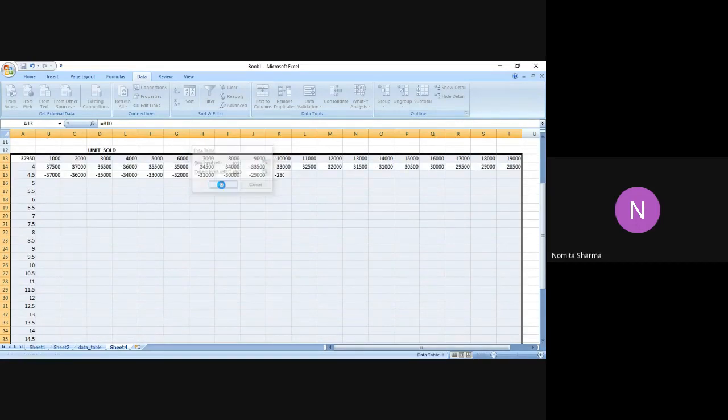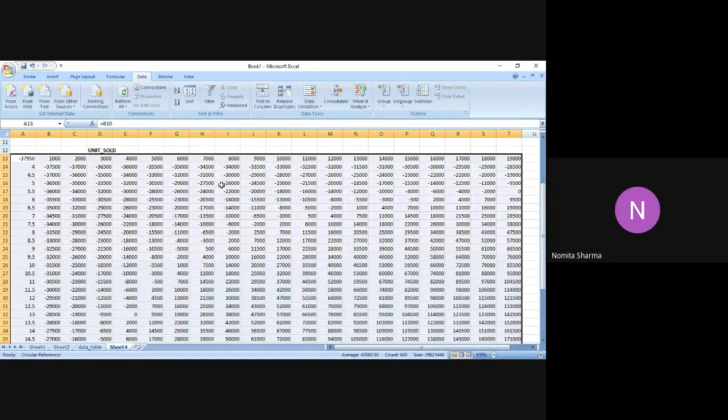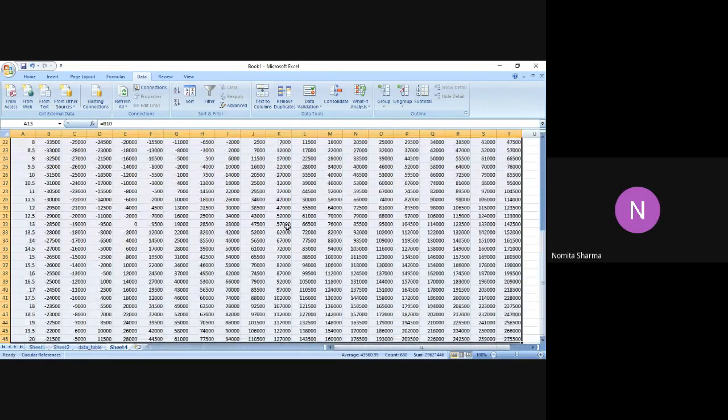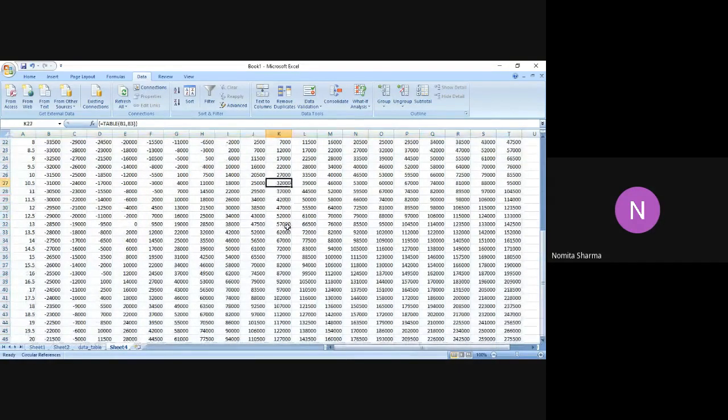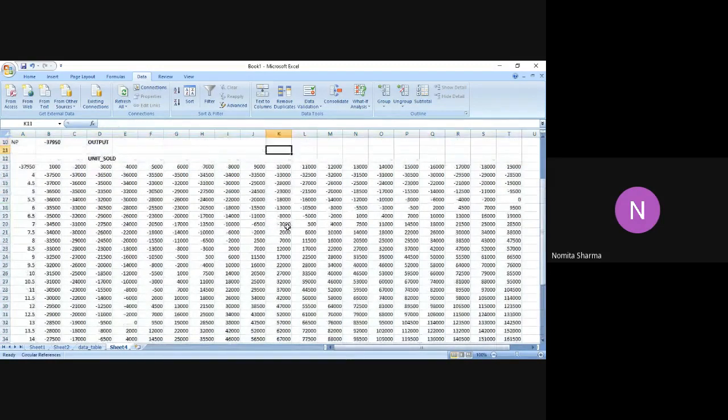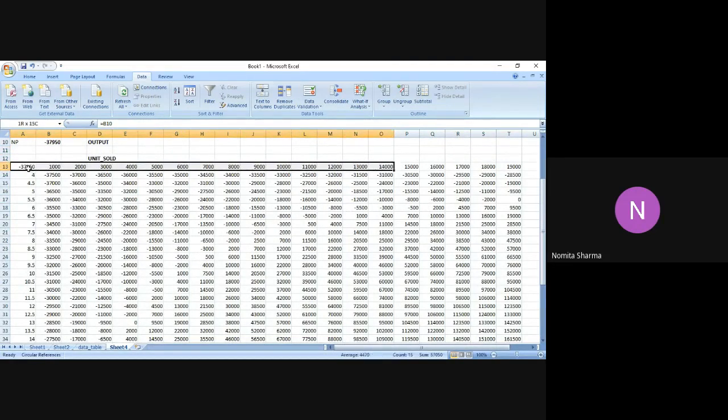So let me press OK, and you can see in front of you in just 1 second, the whole matrix has been filled by certain numbers, right? And there you can see the different combinations of the units sold. Let me just highlight that so that you can actually make out the combinations of the unit sold and the unit price.